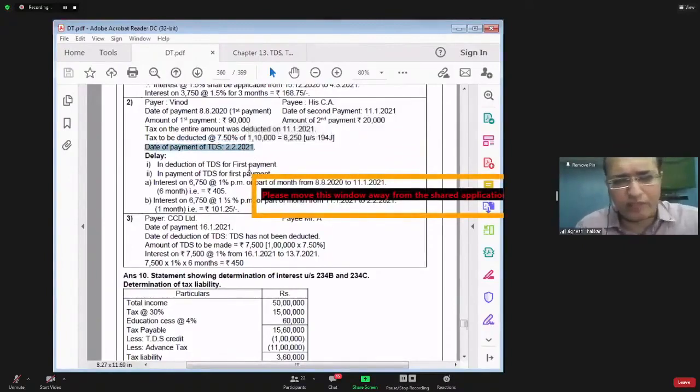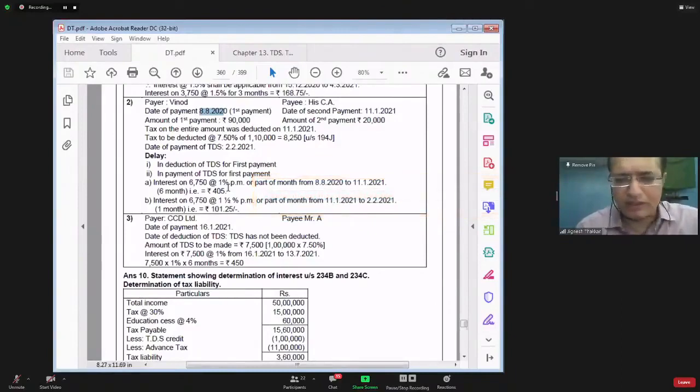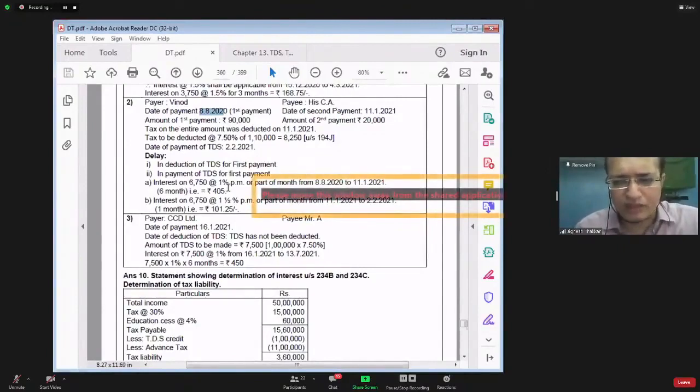Now listen to me carefully. First of all, we will calculate what? Interest for late deduction. From 8 August 20, you take 1 month. It will be 7 September, 7 October, 7 November, 7 December, 7 January. So it is 5 months and few days.